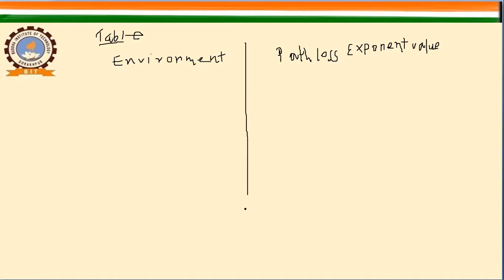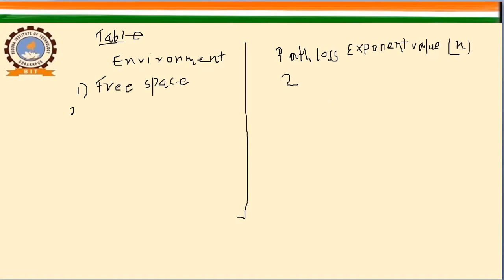So the first environment is free space. The value of n is 2.